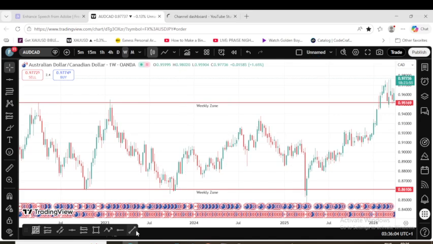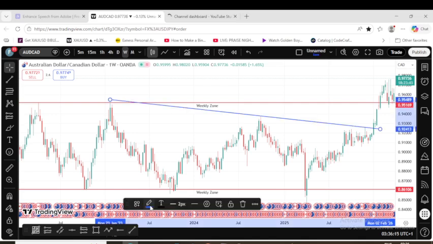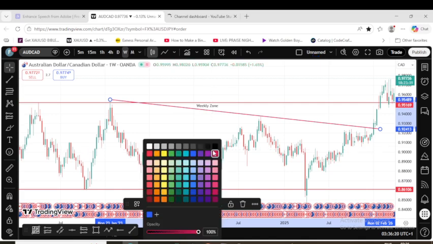So we have a trend line here, although it has already been violated. We have a trend line here, but it's already been broken through. It's a 1 week trend line.